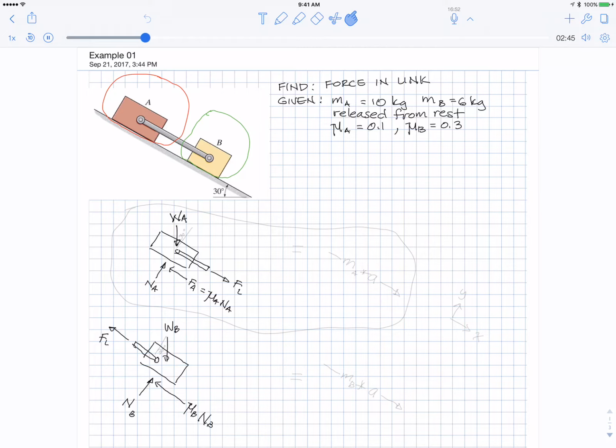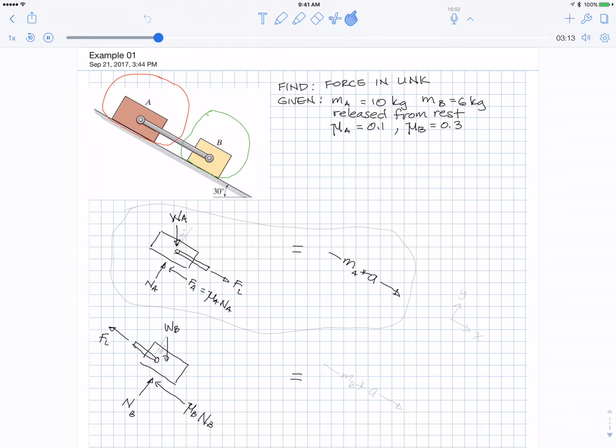Okay, so what we do in statics, you would set that equal to 0. But in dynamics, you would have to set that equal to MA. And so that means that this would be MA times acceleration going down.